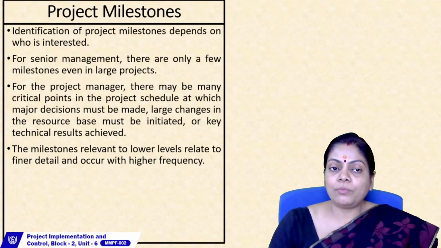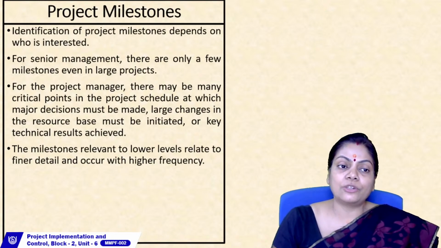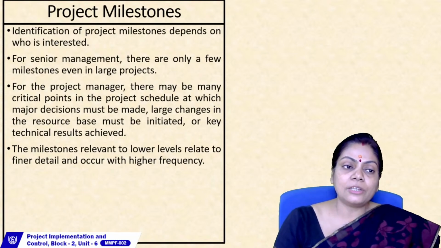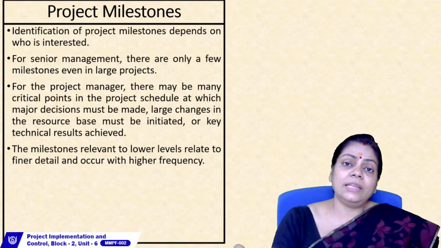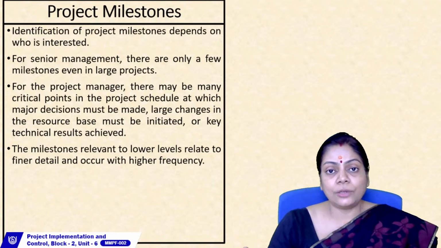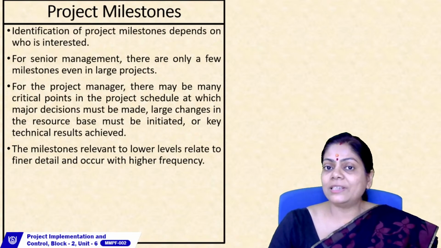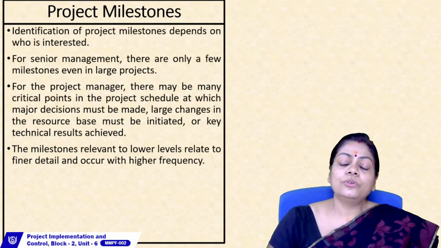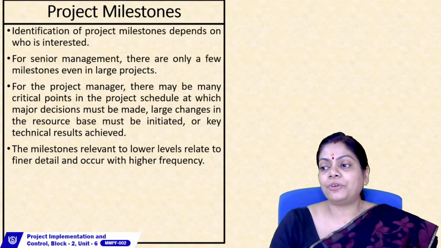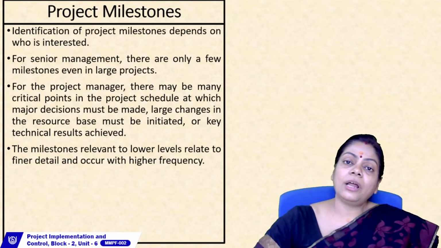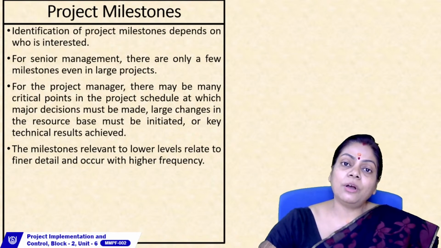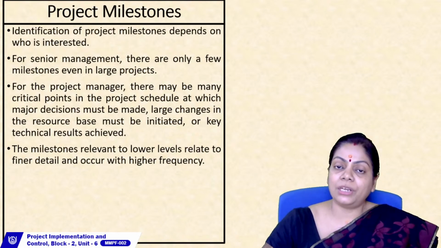Then while you are monitoring, you look at the first milestone. Suppose there is some variance in terms of time, or variance in terms of cost. What could be the variance in terms of time? For example, you had decided on 3 months, but the first milestone is being completed in 3 months 20 days. It's a big variance.